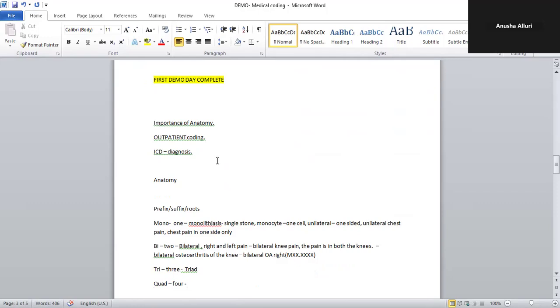Quadriplegia means plegia in all four limbs, that is, right and left arms and hands and all these things.